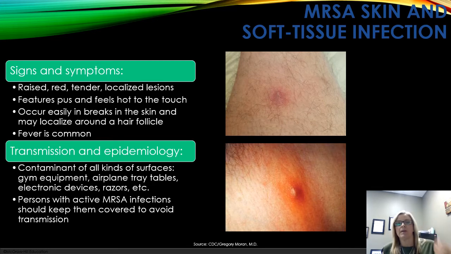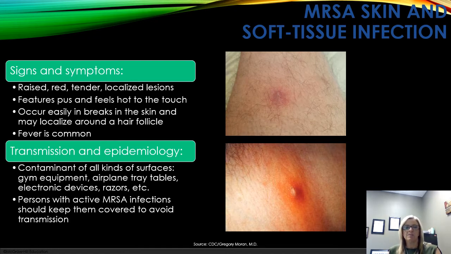Spider bites and MRSA bites look very, very similar, especially at the beginning of onset. So which do you think is which? Hard to tell, right? So the top here is going to be brown recluse and the bottom is going to be MRSA, okay? So the only prevention for MRSA is going to be very good hygiene, okay?